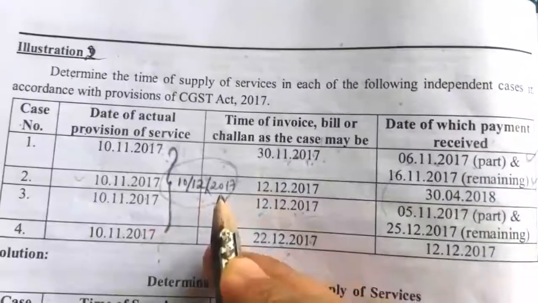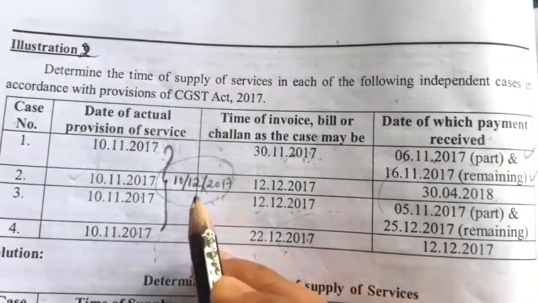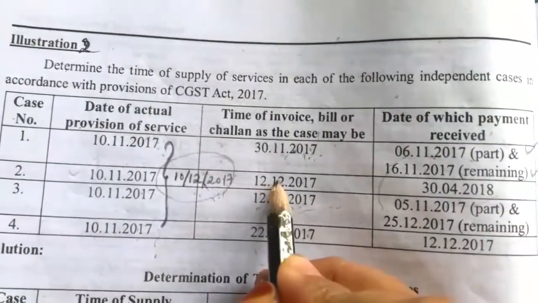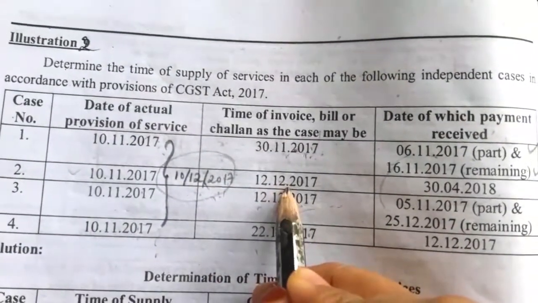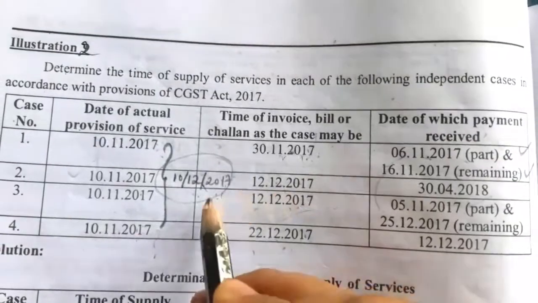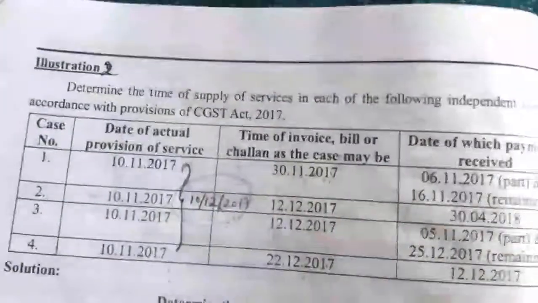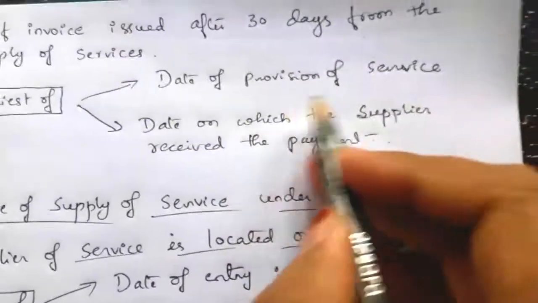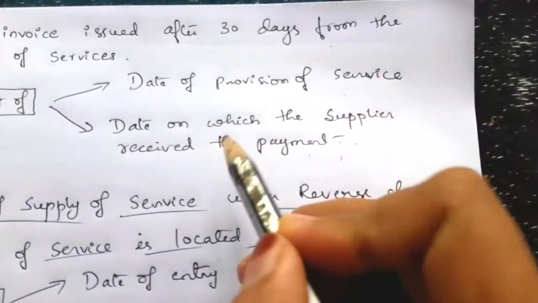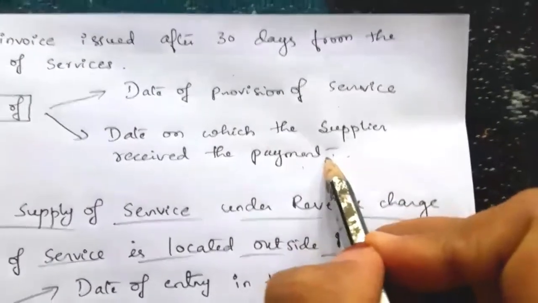Next, for the second case, the invoice is issued after 30 days of supply of service. So in the second case we have to compare the date of provision of service or the date on which the supplier received payment, whichever is earlier.